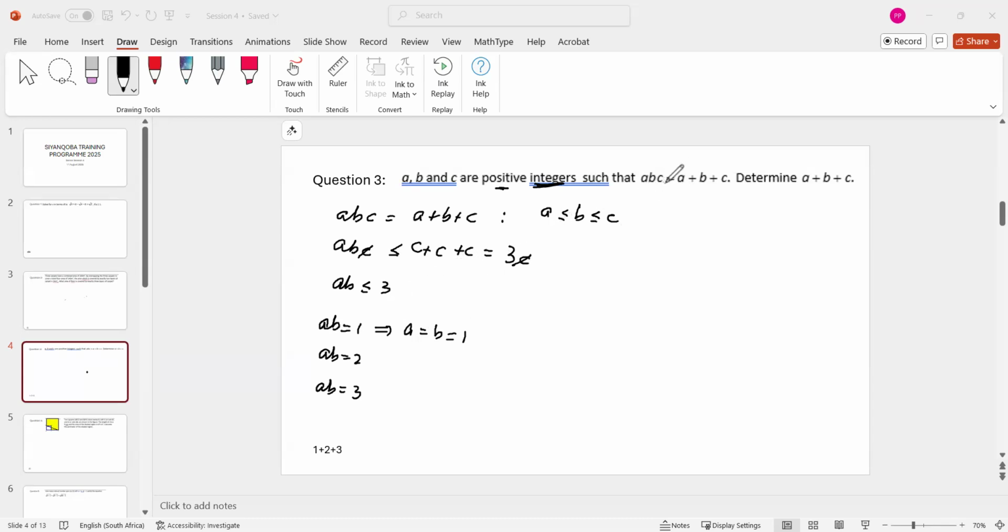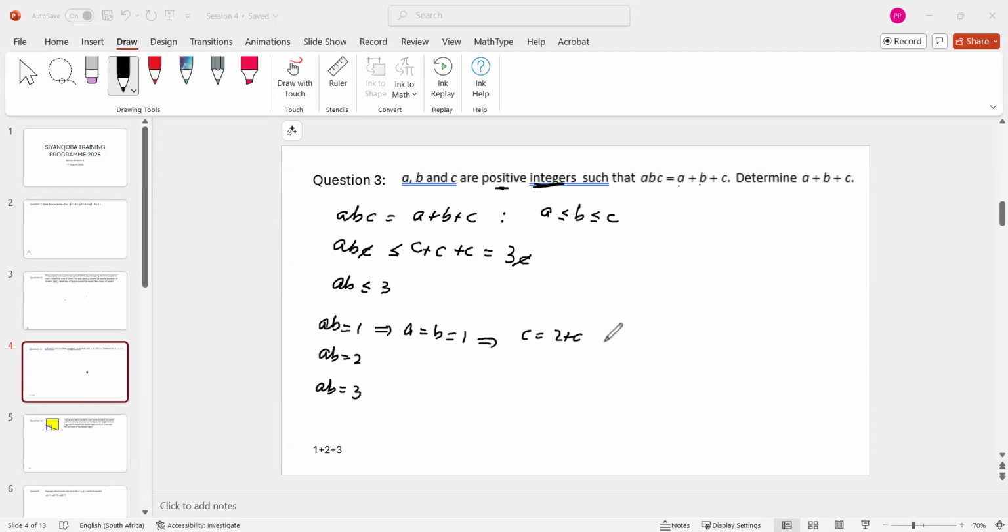So if A equals B equals 1, let's see if this gives you a solution. On this side here, you got C, and here A plus B will be 2, 2 plus C. Now this is impossible.